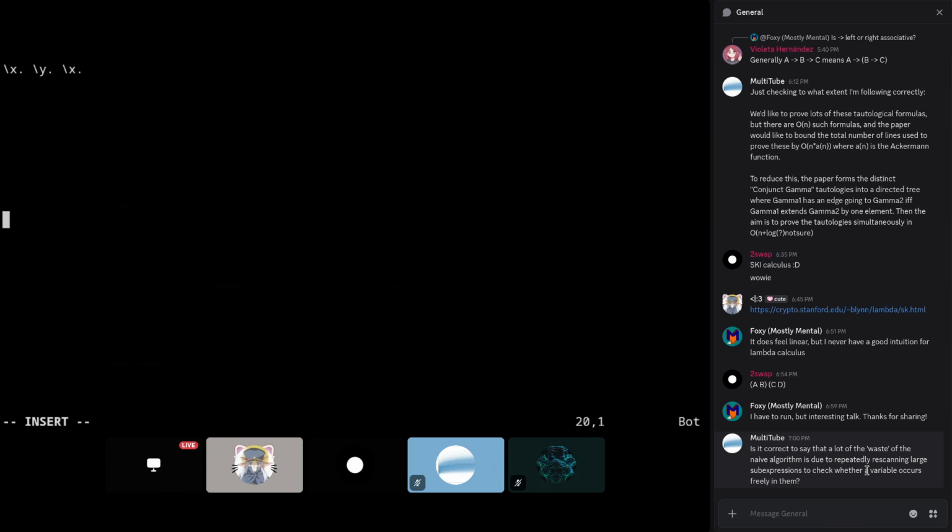So how do you set this up? I define P like this. It's the pair combinator. Just the Scott encoding for the pair combinator.